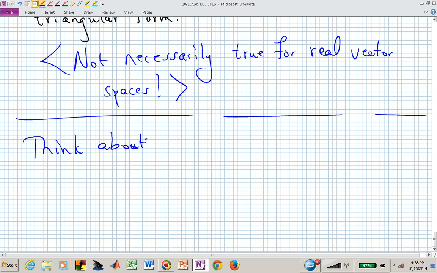Let's see if we can think about what this is. Think about the form of the matrix.